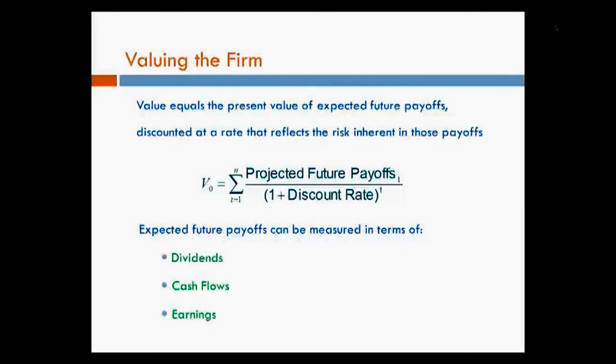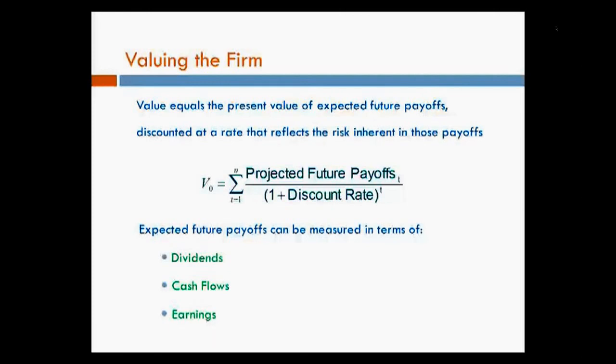So the first year's projected payoffs will be divided by the first power, second year by the second power, third year to the third power, etc. for perpetuity. And you do this to get true value from this coming year forever.